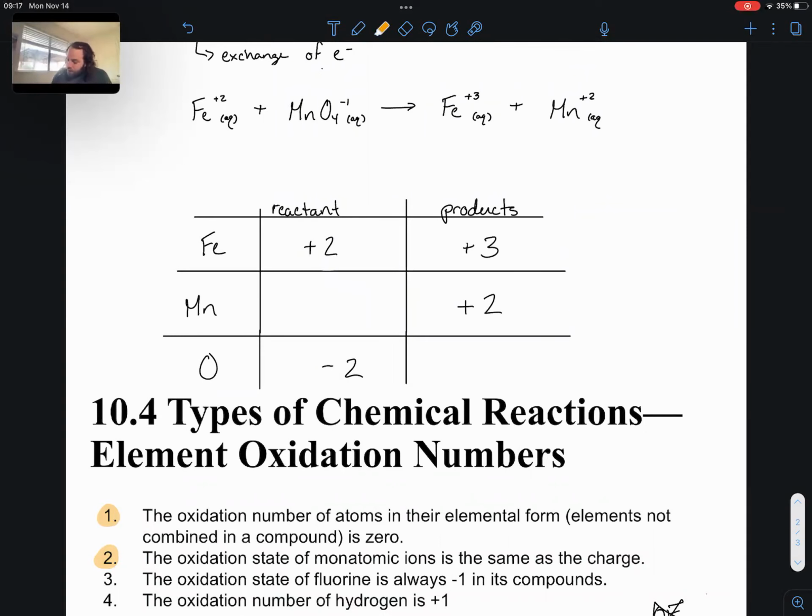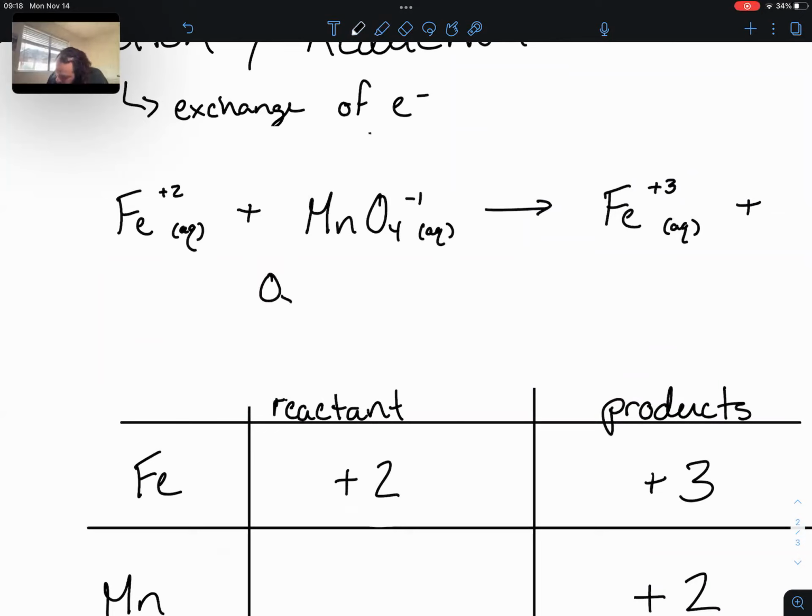So for my manganese here, I don't know what its oxidation state is, so we'll just leave that as manganese. But I do know that I have 4 oxygens, each with the oxidation number of -2, and everything has to sum up to the net charge on my polyatomic ion.